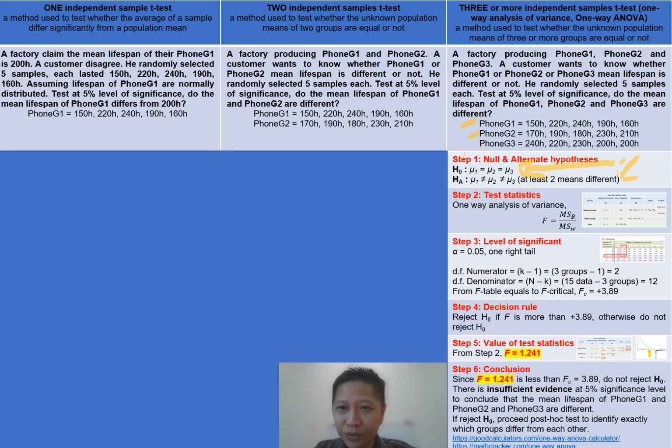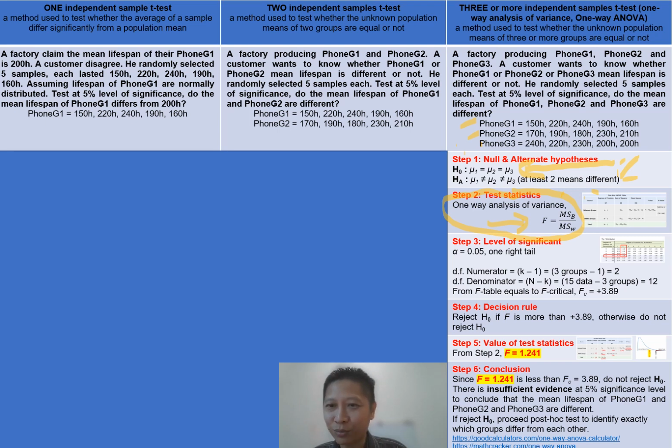What formula can we use? We can use the one-way analysis of variance, that is the one-way ANOVA, to test it. So the formula seems simple. We're going to get the F ratio equals MSB divided by MSW. But in order to find the MSB and MSW, we need to construct the one-way ANOVA table first.